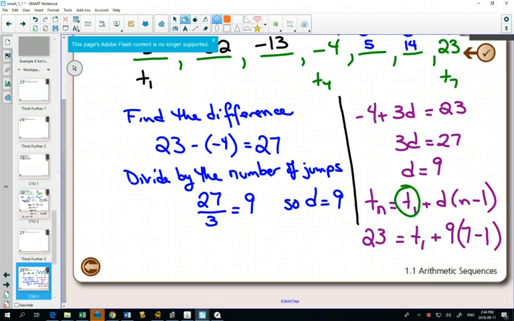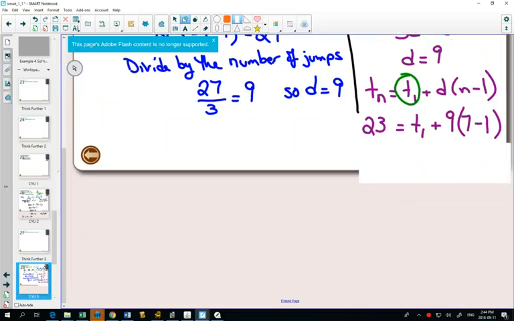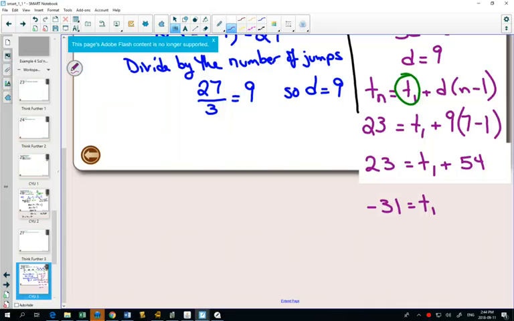From here, this is 6 times 9, 54, subtract 54 on both sides, and we get term 1 is minus 31 as well. In this case, it was not much work to subtract 9 each time.